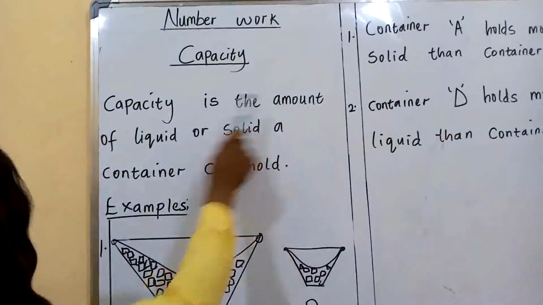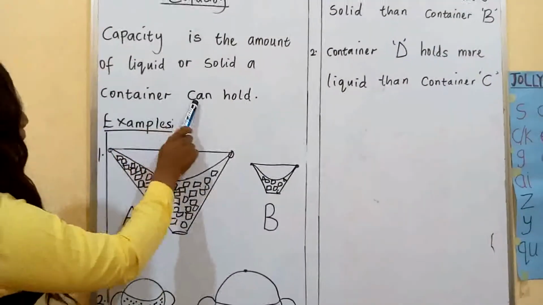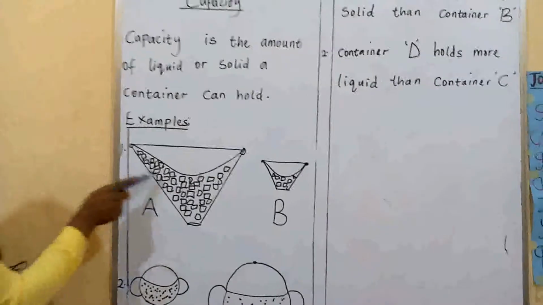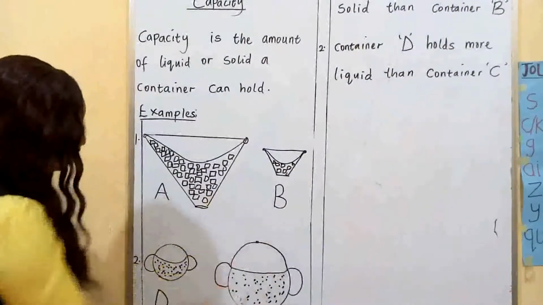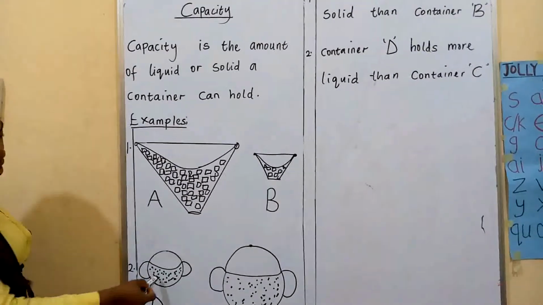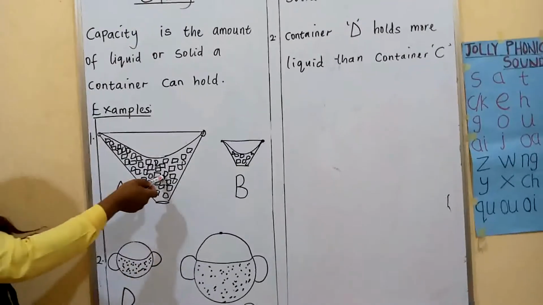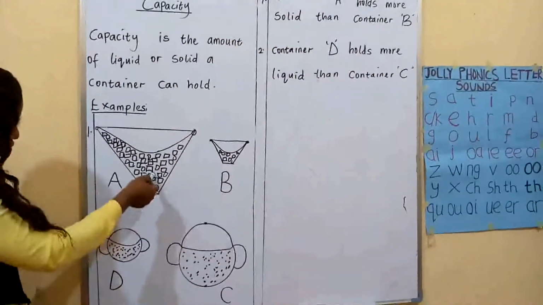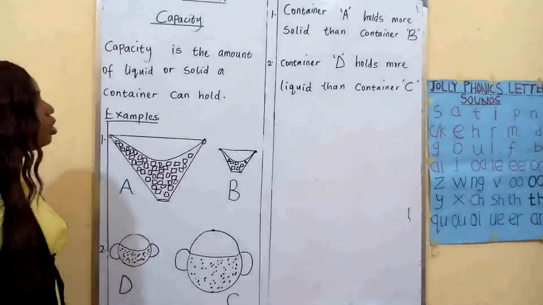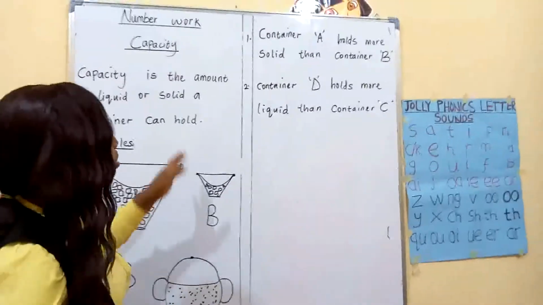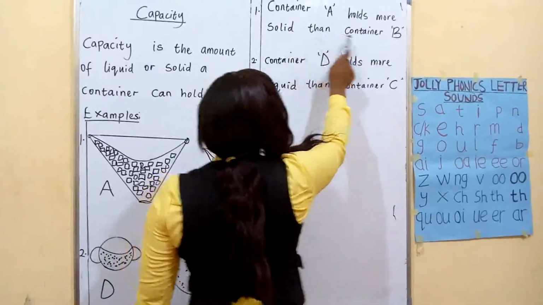Number one container holds solid, and number two container holds liquid. Number one contains solid, and number two contains liquid. So we said that container A holds more solid than container B.